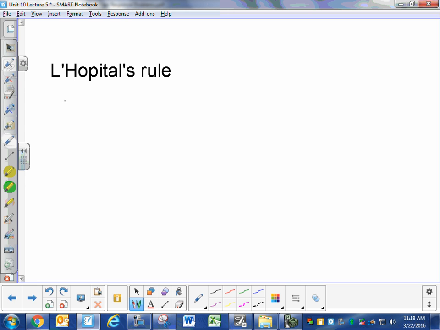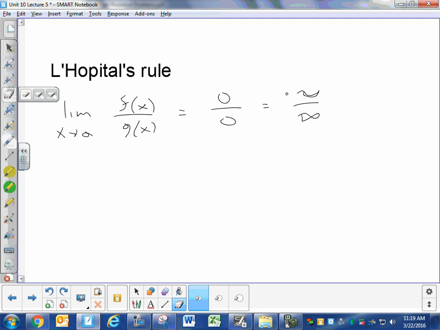L'Hopital says if a limit, that's how you say it, L'Hopital, if a limit of some function, maybe expressed by a quotient, is equal to 0 over 0, or f of a over g of a is 0 over 0, or it's infinity over infinity, then it turns out you don't have to look at just the equations of the lines.